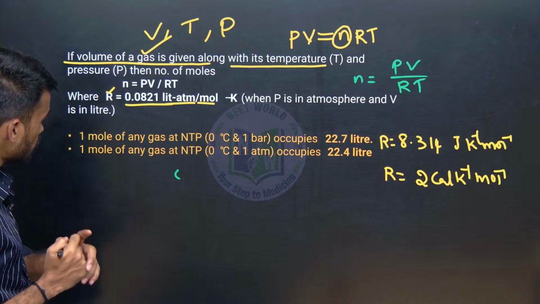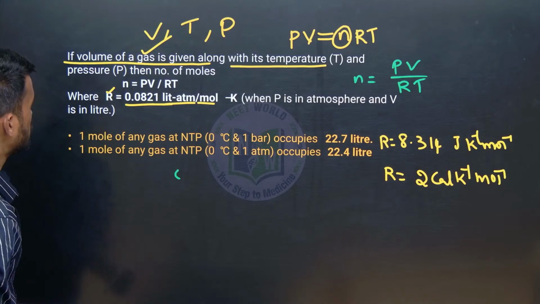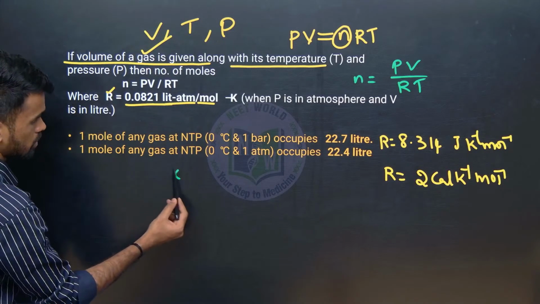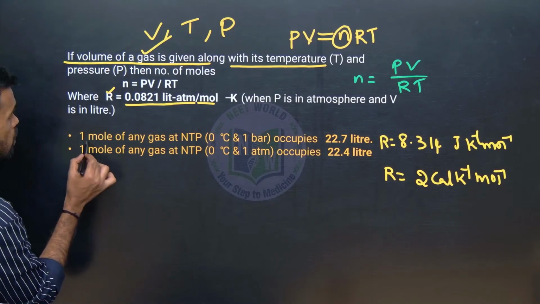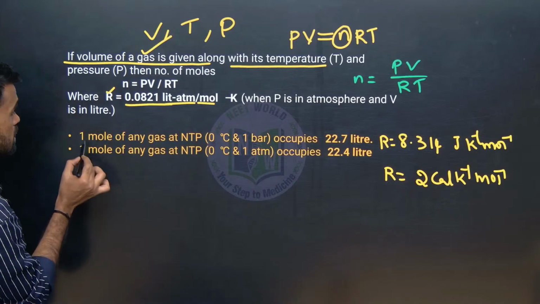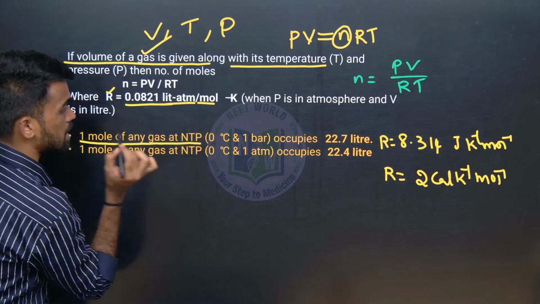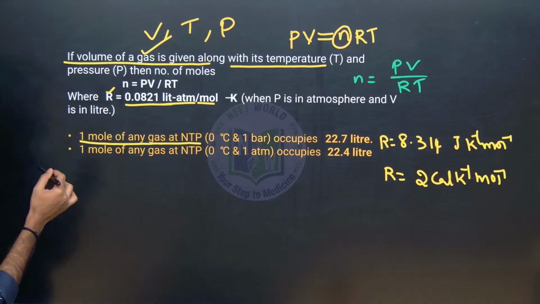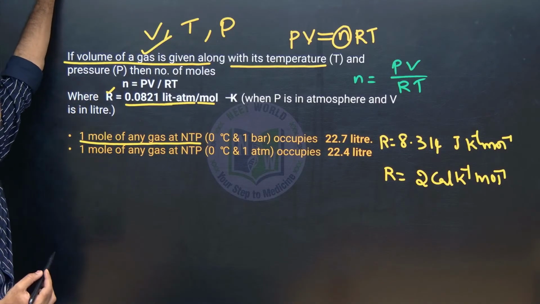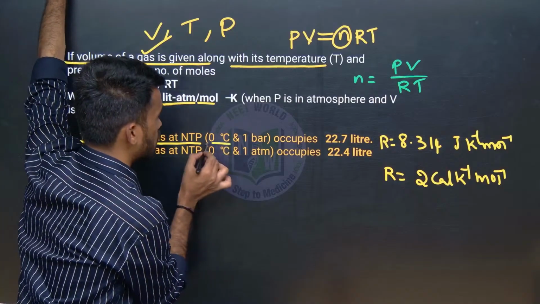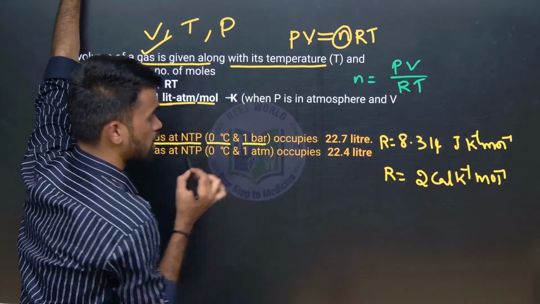Now one thing you need to remember here, there is something called Avogadro's hypothesis, I will explain that. From Avogadro's hypothesis, he is saying 1 mole of any gas at STP, sometimes NTP, standard temperature and pressure, so it means 0 degrees and 1 bar pressure.